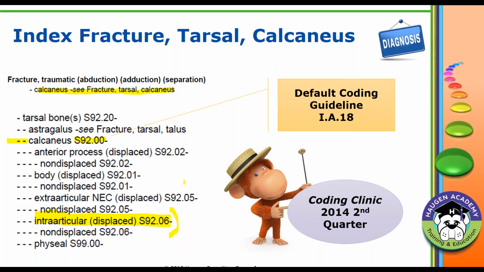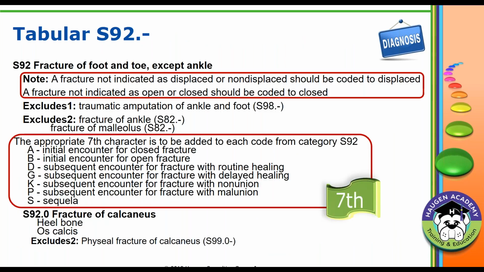So let's look at S92. We'll want to make sure and look at our section heading first, because there are a couple of bits of information that are really important. The first is that a fracture that's not indicated as displaced or non-displaced should be coded as displaced.